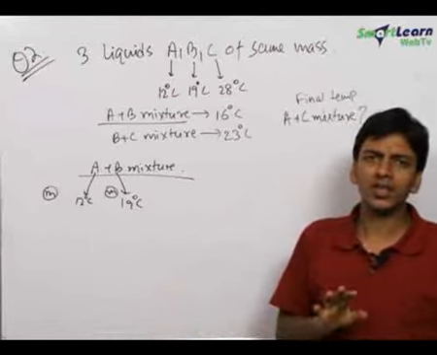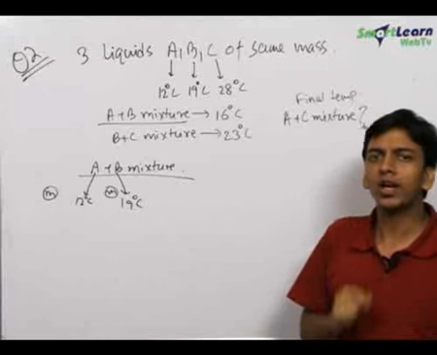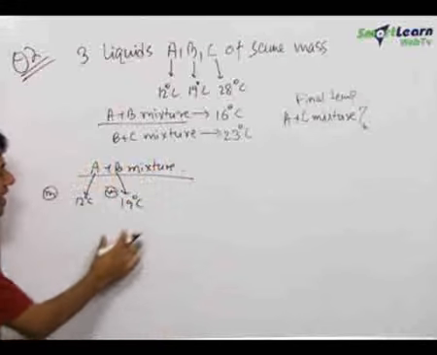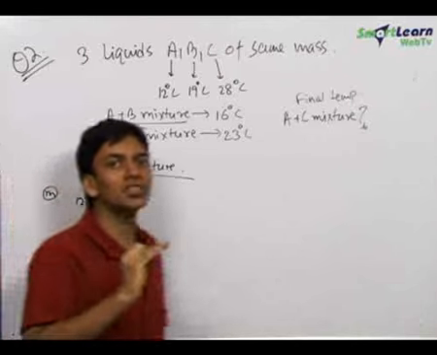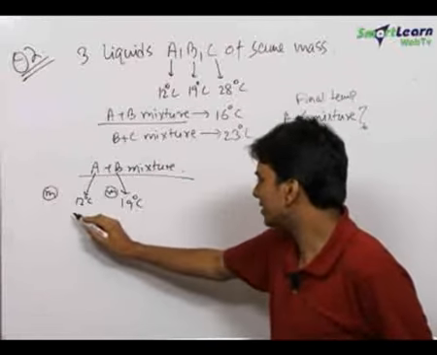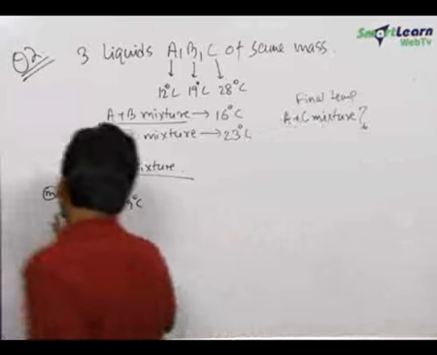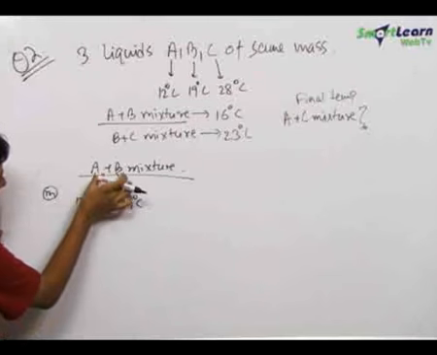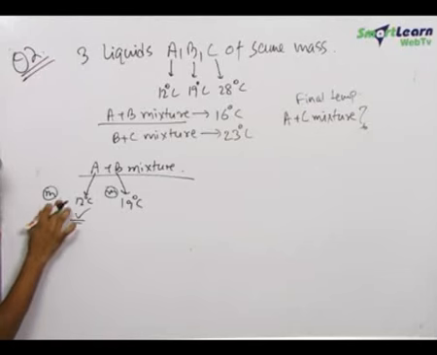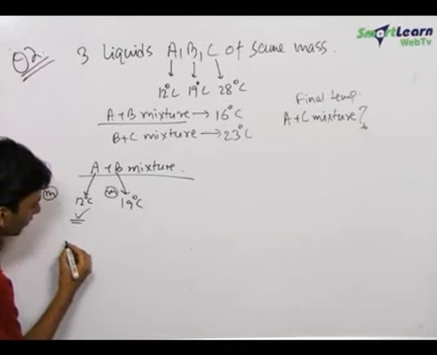Whenever two substances are mixed and you want to find the final temperature, you always do one thing: you bring everything to one common state. So in this case, let us bring the A plus B mixture to 12 degrees Celsius and see the net amount of heat involved.